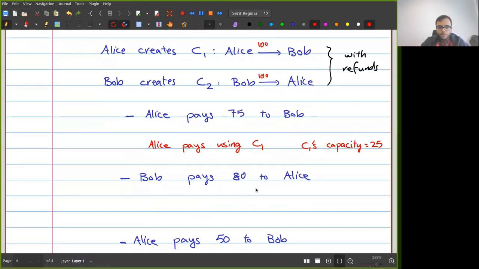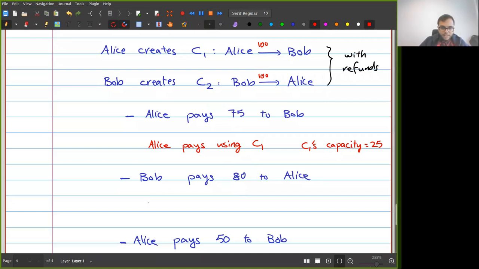Now Bob wants to pay 80 to Alice, but the way he does this is not necessarily only using C2. So he can make part of the payment using a refund on C1. So if Bob wants to pay 80 units to Alice, well, Alice has already paid Bob 75 units in C1. So Bob can refund 75 units in C1 and then pay 5 units in C2.